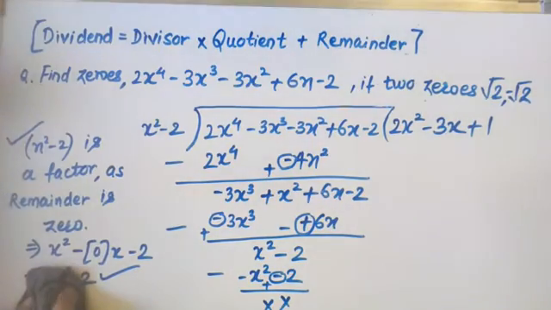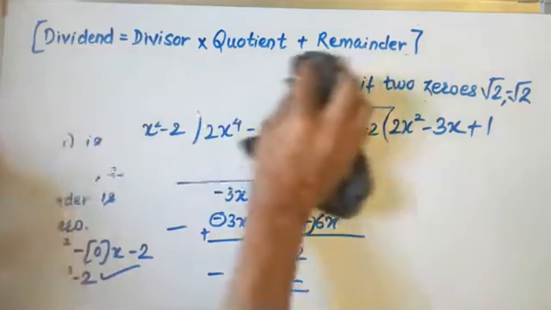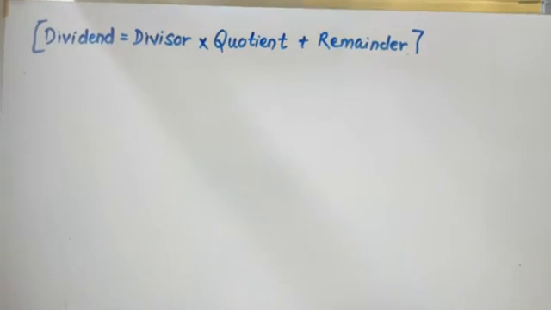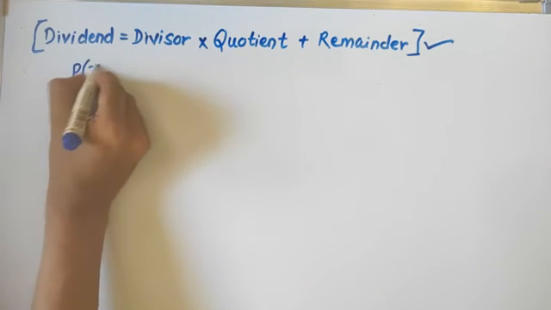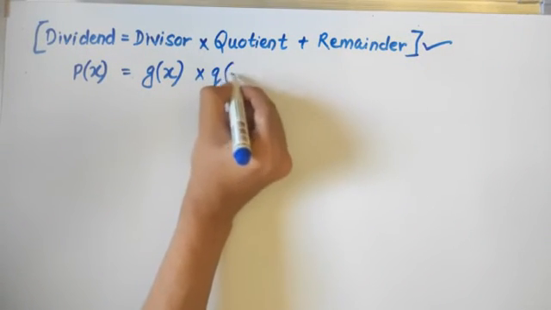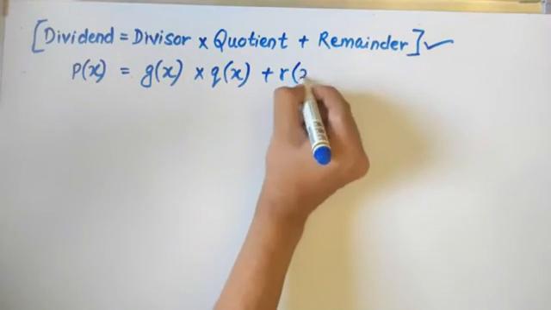Again, some basics I will tell you. This is further written as this formula: p of x equals g of x into q of x plus r of x.